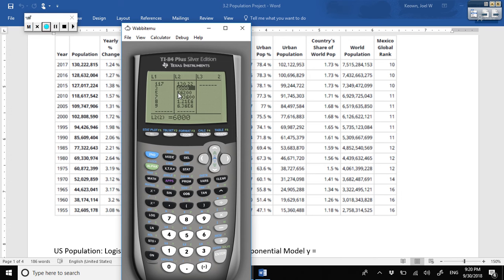Okay, and so by doing that, I keep my numbers smaller. My calculator is able to do this a little better. My calculator is able to make these predictions a little more accurately. Just remember when you get your final equation to convert your answers back. So when I see 100 and something as my answer for my y, I need to multiply whatever I get by 1 million. Same thing for years.